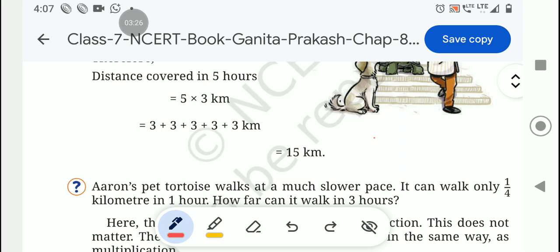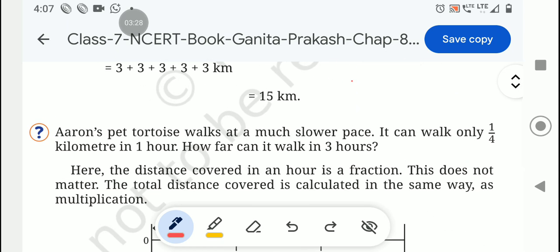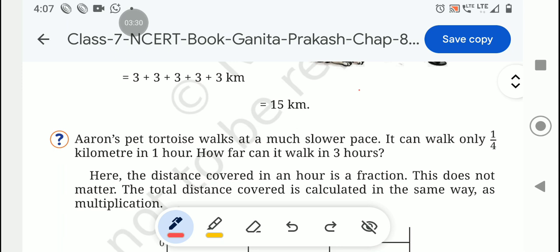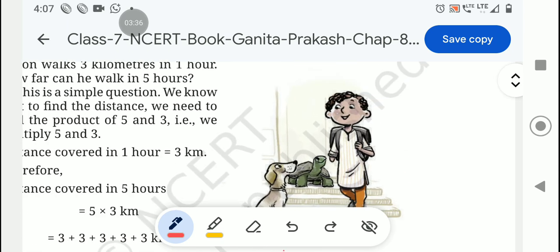Next, Aaron's pet tortoise walks at a much slower pace. Before, the question was about him only, now it is also about his pet tortoise. This is Aaron and this is his pet tortoise.